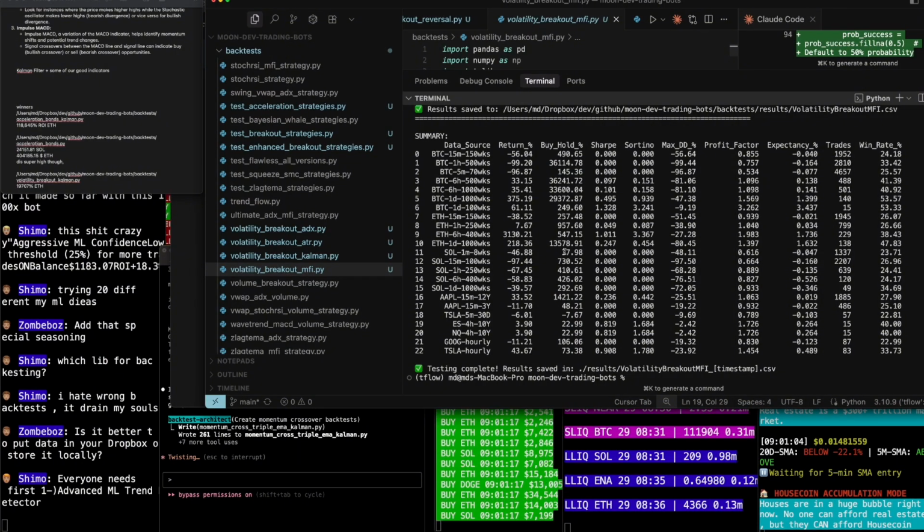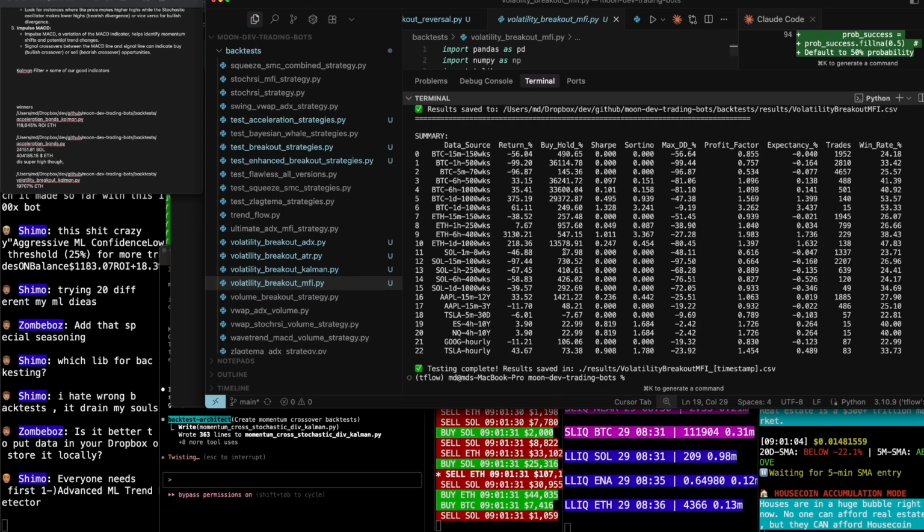So that ETH 400 weeks has a 3,000% return with a 1.7 expectancy. Okay. This one's not bad. All right, what other ones did it create for us here?